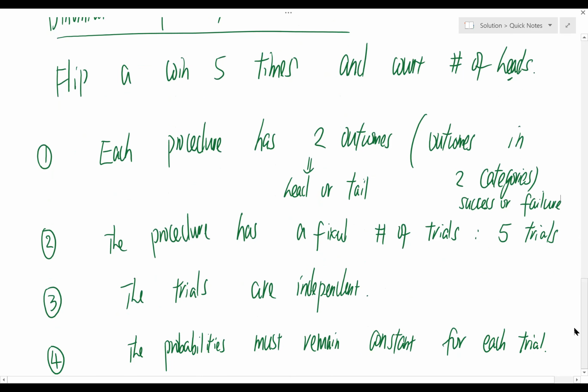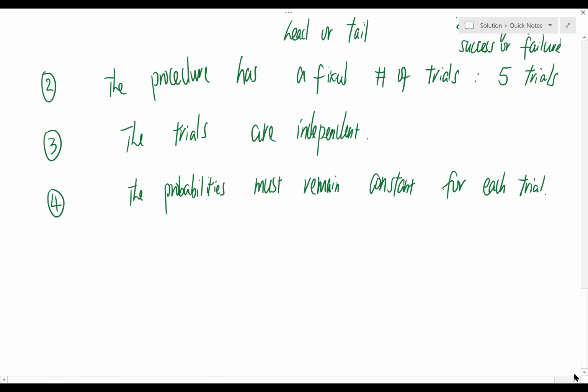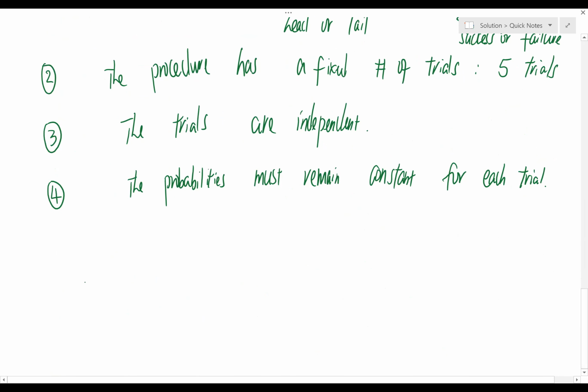Okay, so that basically summarized the binomial probability distribution, 4 important characteristics. And once any procedure or distribution follows these 4 key aspects, we call that a binomial probability distribution. And the formula for this is basically P of X, representing binomial probability distribution with X amount of successes.